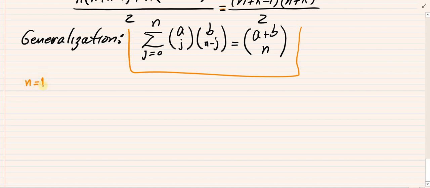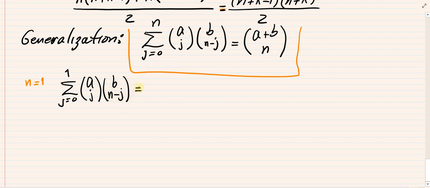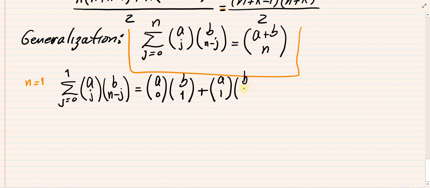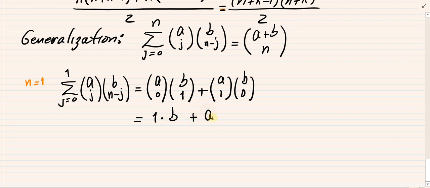When n is 1, the sum from j equals 0 to 1 of a choose j, b choose n minus j becomes a choose 0, j is 0 now, b choose 1, plus j is going to be 1 next time around, and remember n is 1, 1 minus 1 is 0, so b choose 0. a choose 0 is 1, b choose 1 is b, a choose 1 is a, b choose 0 is 1.